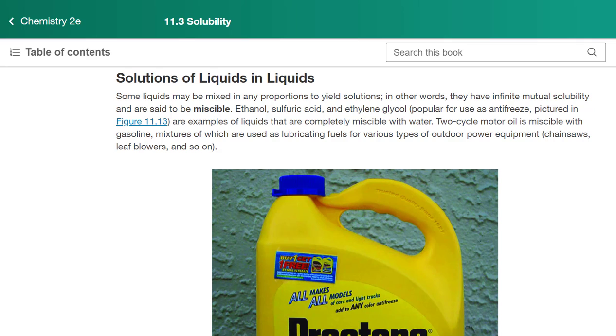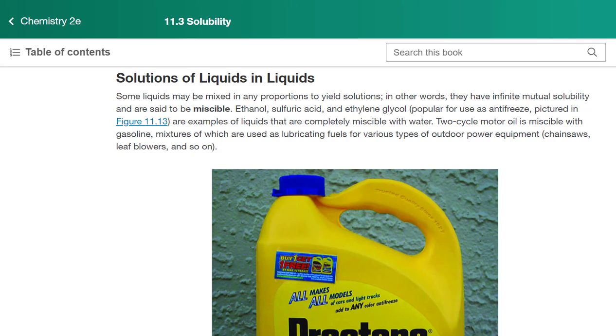So let's talk about liquid solutions. There are different possible ways that we can mix liquids together and different results. So one possibility is that if you can mix liquids in any proportion and you end up with a solution, we say that they are miscible. Okay, so miscible means that any amount of the liquids mixed together will form a solution.